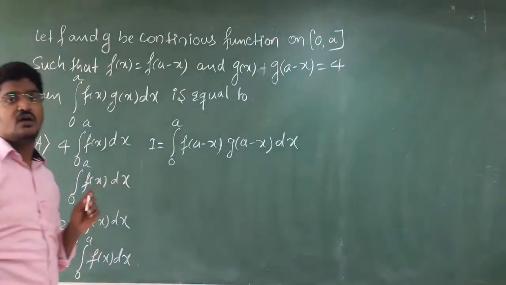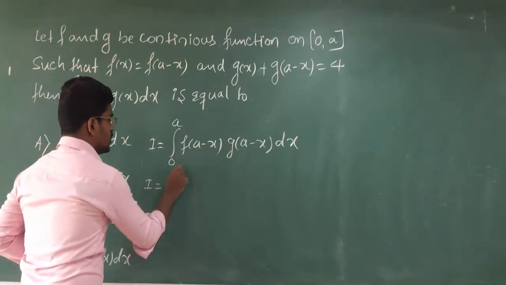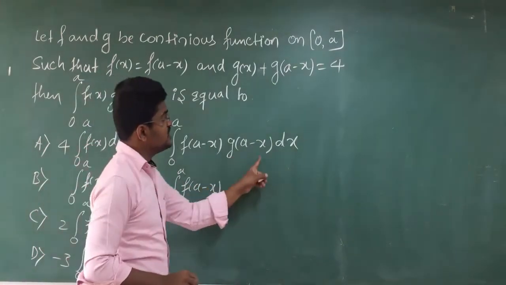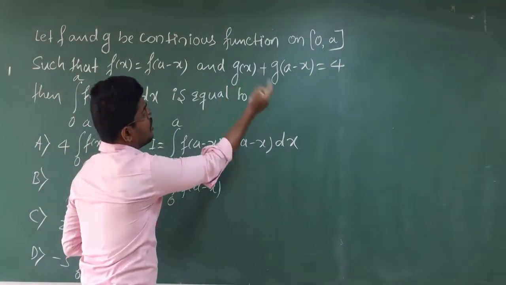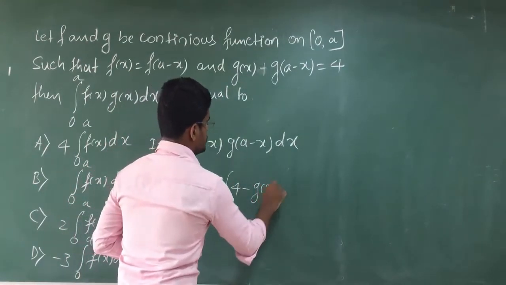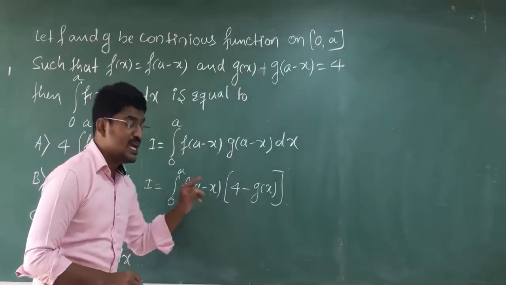So now this I will be equal to integral 0 to a of f of a minus x. What is g of a minus x? Use this. g of a minus x is nothing but 4 minus g of x. Here, f of a minus x is what?